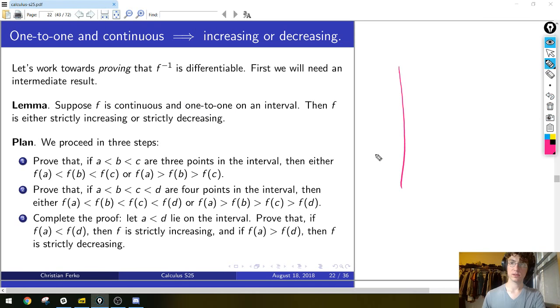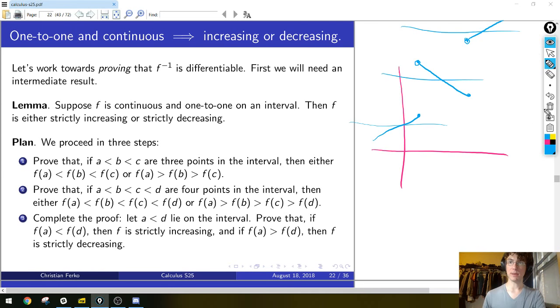So first a comment. This is obviously not true if the function is discontinuous, right? The function can be one-to-one and not be strictly increasing or strictly decreasing if it's allowed to jump. So you could have a function like this. It does, I don't know, something like that. If the function is discontinuous, I should have made that an open circle, this is clearly one-to-one.